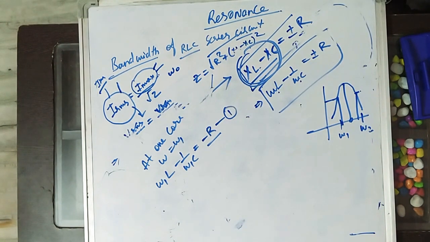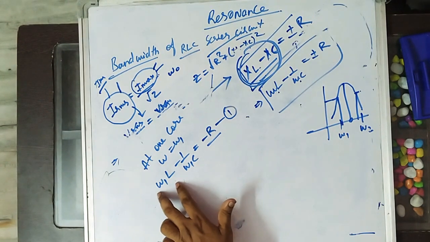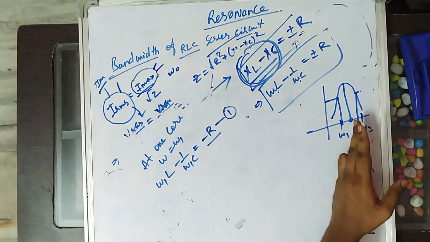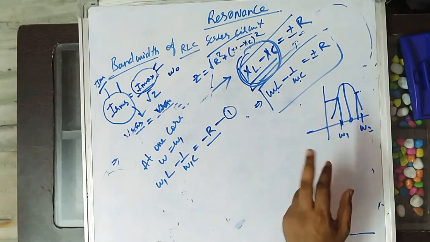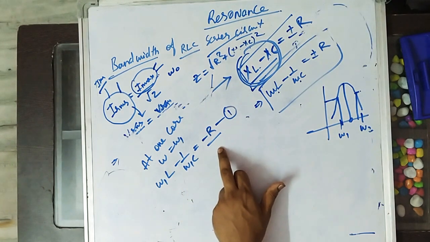So you may not say that this may be increased high or this may be. If on the left side XC is greater than XL, you will get some resistance value.